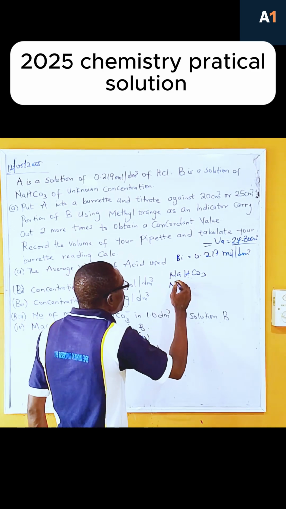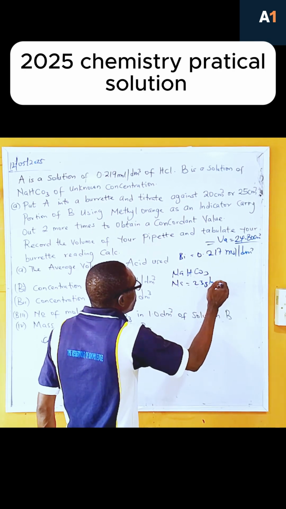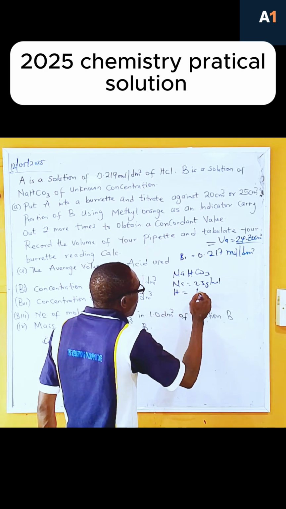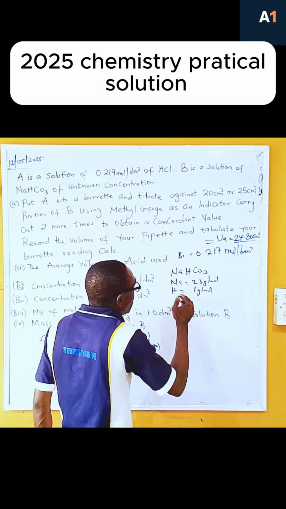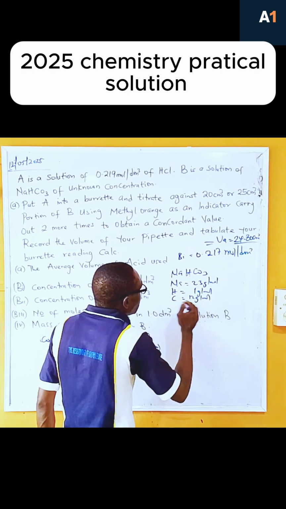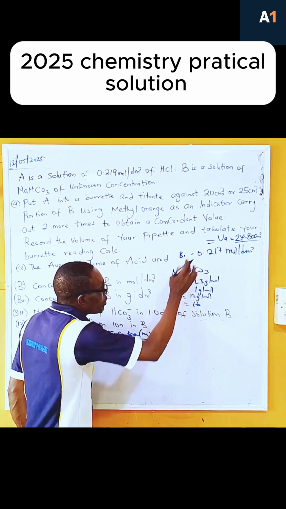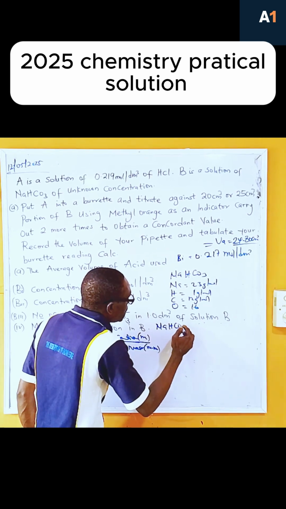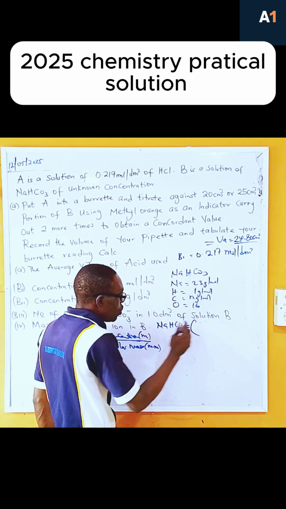So sodium is 23 grams per mole. Then hydrogen is 1. Then carbon is 12. Then oxygen is 16. Now to calculate all this, NaHCO3 will give us, open bracket, sodium 23.